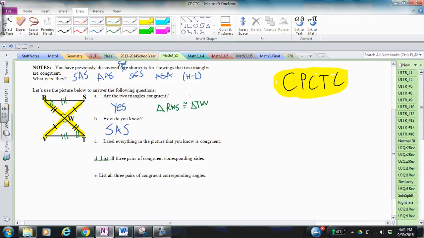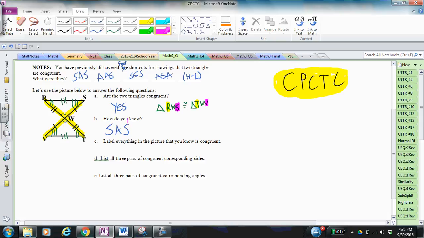RWS and TWV, the reason I say that is because angle R matches up with angle T in the order. That's why they're labeled congruent on the diagram. And angle S matches up with angle V in the order. So that's why they're marked congruent to each other on the diagram. So that's everything we know based on showing that the triangles are congruent by side, angle, side.